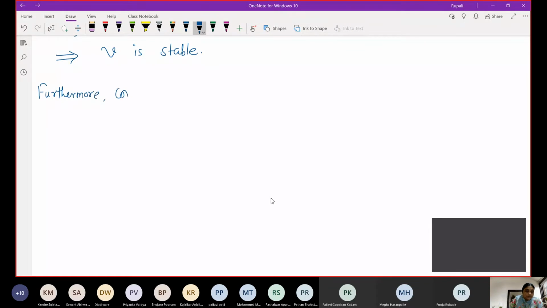So furthermore, consider mod of f raised to t plus 1 at u minus v. How can I write this? It is f of f raised to t at u minus f at v. I can write this because v is a fixed point.